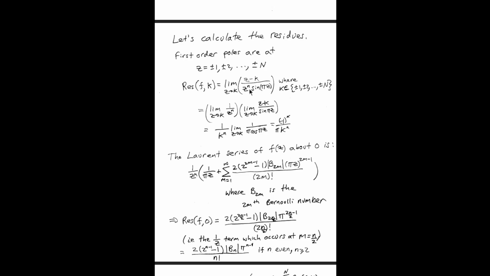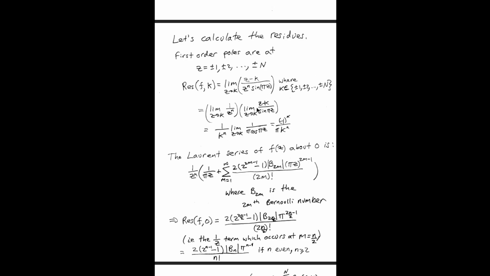Well, we can pull out this z to the n, and this will equal the limit as z approaches k of 1 over z to the n times the limit as z approaches k of the rest of it, z minus k over sine of pi z. Well, this first limit is simply 1 over k to the n.